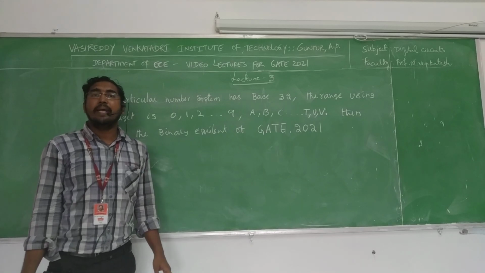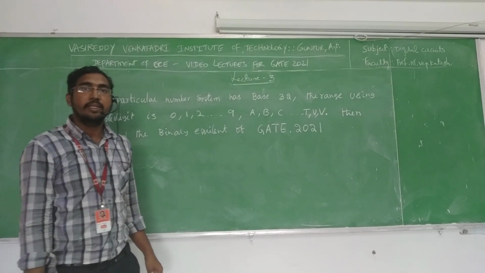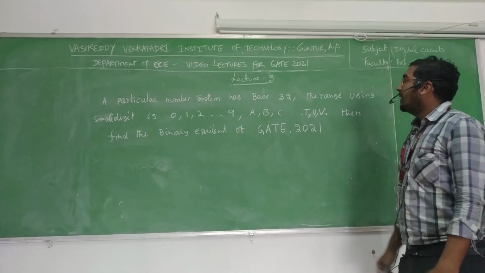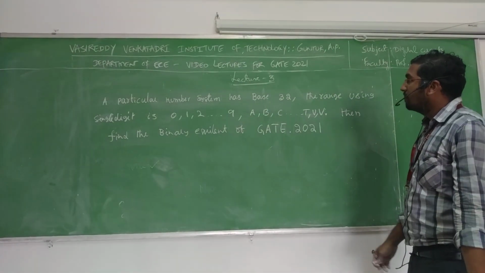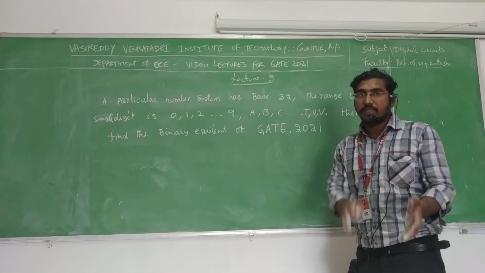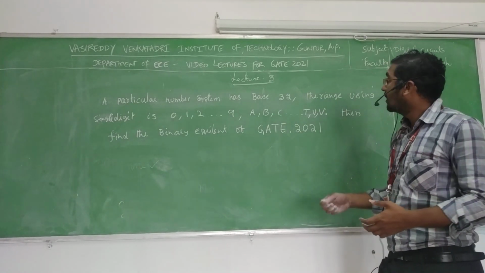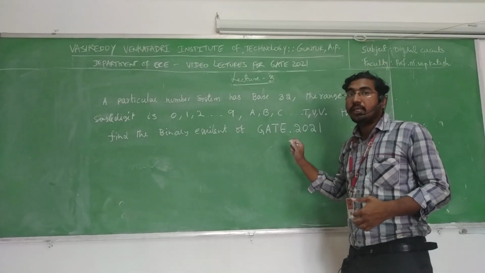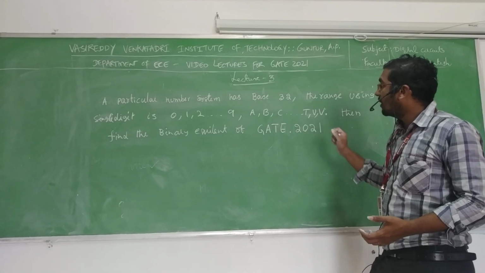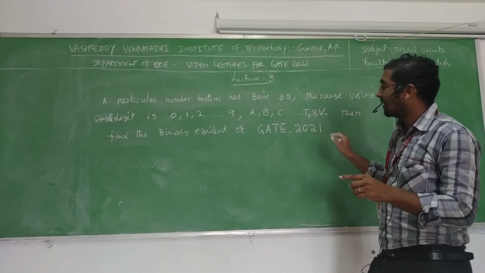Find the binary equivalent of GATE 20. You see, it seems like a bit difficult problem, but if you understand the previous video, the lecture where I started how to convert other bases to binary, this is a very simple one. You can pause the video and try it out on your own and check back the result.